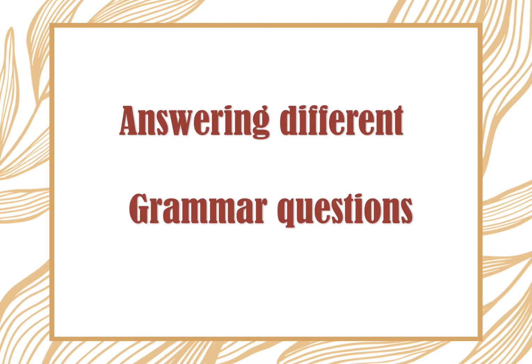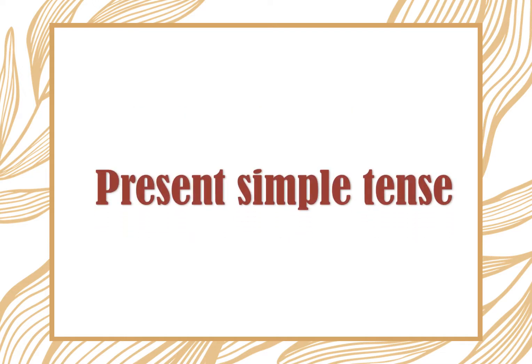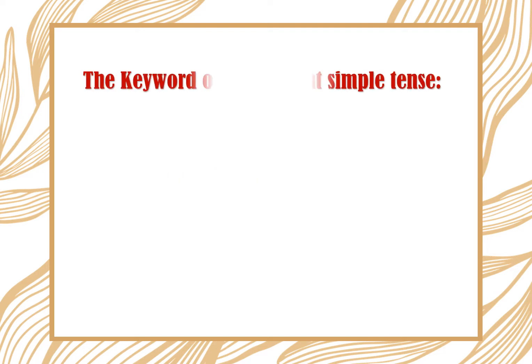Answering different grammar questions. Today I will present for you each tense and how to deal with them correctly. We will start with the present simple tense. As we said before, there is a keyword for each tense that we have to know.